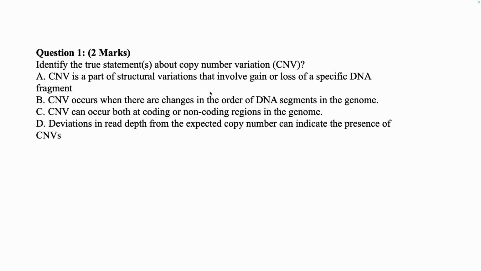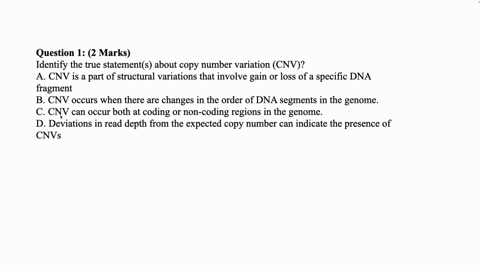Copy number variation simply means there is a difference in the number of genes when we quantify it. If we are comparing a genome from sect 1 and from sect 2, and there is a difference in the gene quantification, then we can say that there is a copy number variation. Order of a DNA segment is a structural variation, but it is not a copy number variation.